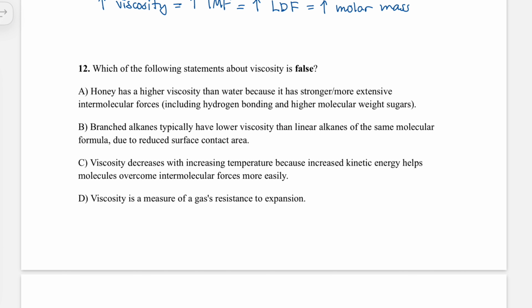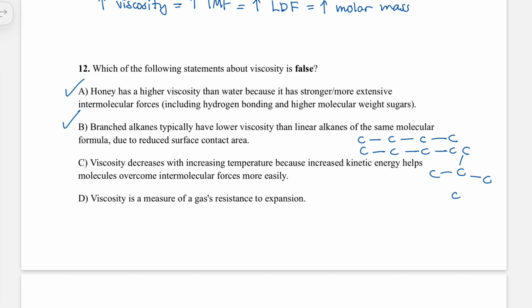B, branched alkanes typically have lower viscosity than linear alkanes of the same molecular formula due to reduced surface contact area. This is also true because if you look at a linear setup versus a branched one, the linear one is going to have more surface area to be in contact with another linear molecule.